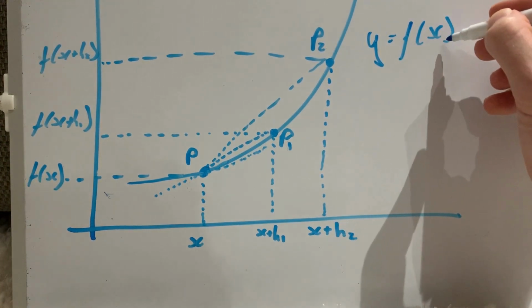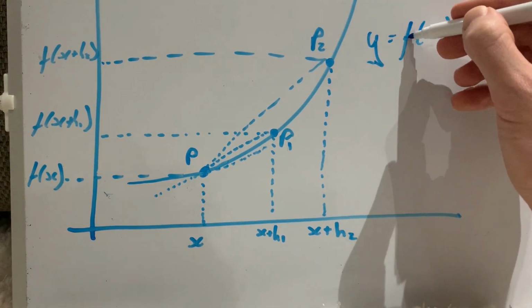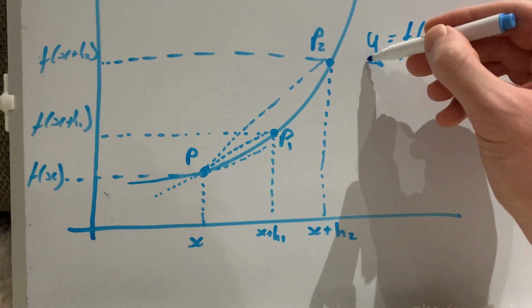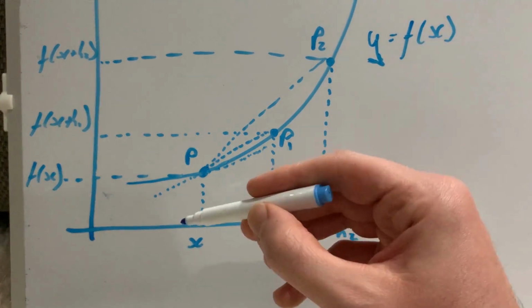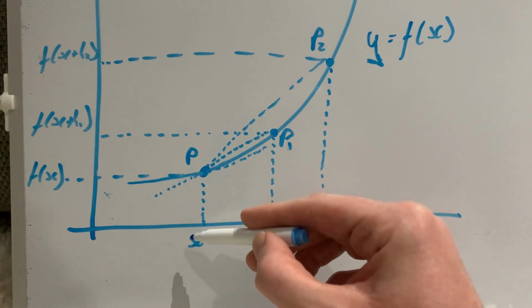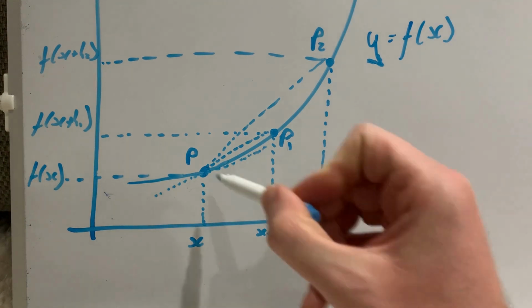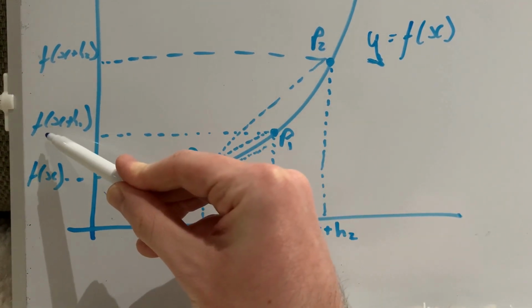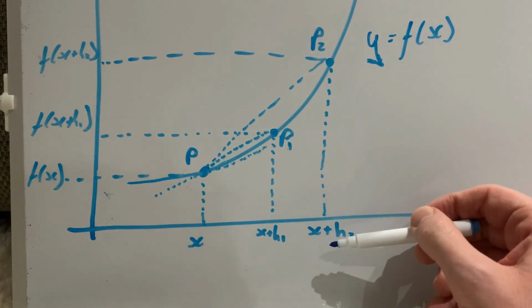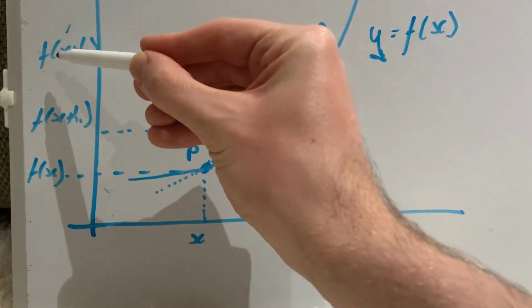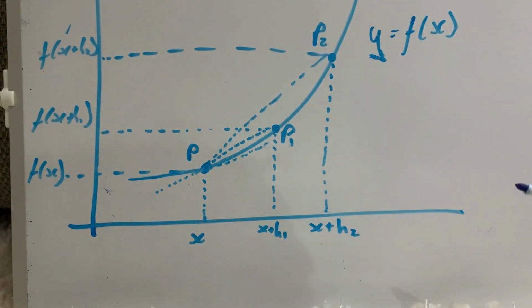So we give it an x value, and it puts it into this function, and that gives us the y value. So we've got the x coordinate here, and the y coordinate is given by f of x. We've got x plus h1, the y coordinate is f of x plus h1. We've got x plus h2, the y coordinate is given by f of x plus h2.